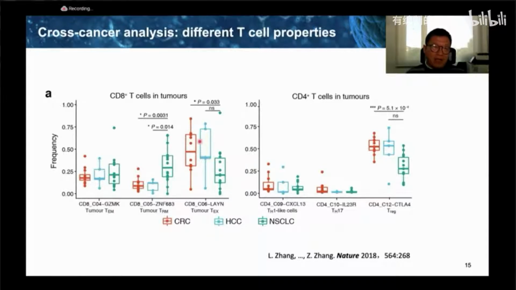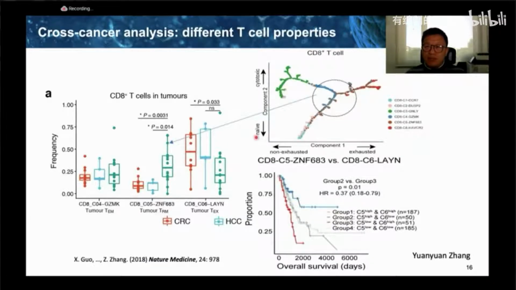We found that liver cancer and colon cancer have a higher presence of exhausted T cells and activated Tregs. But in lung cancer, there's a higher abundance of the type of cells that we label as ZNF683 positive CD8 cells. This is what we view as pre-exhausted T cells.